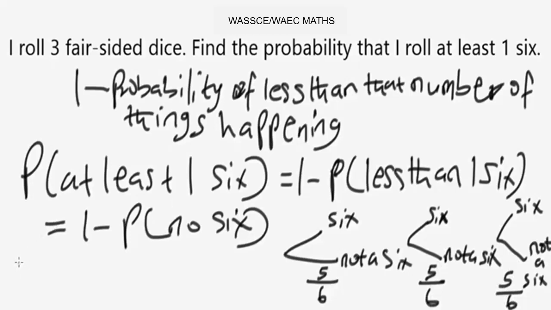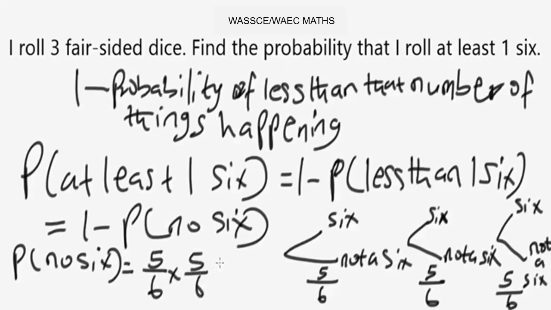Now to get the probability of no 6, it will be to multiply the three no 6 we got, which will be 5/6 times 5/6 times 5/6. So when you punch into the calculator, you are going to have 125/216.